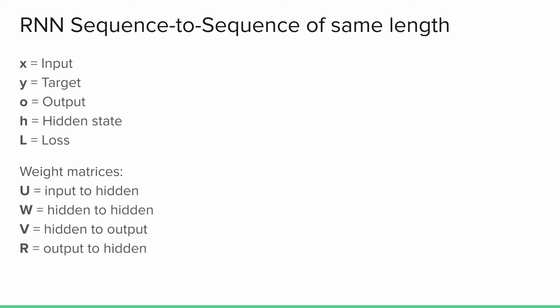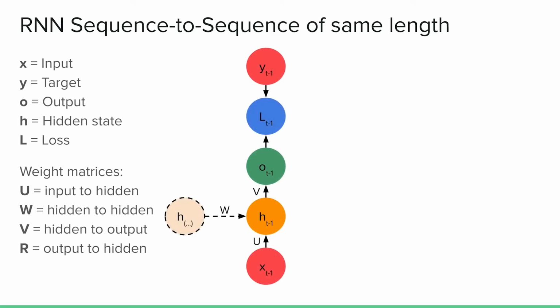Let's take a look at the simplest case of sequences where the input and the output sequence have the exact same length. So we take our input x t-1 at time step t-1. We have previous states or the initial state that we feed in here, and we produce our output.